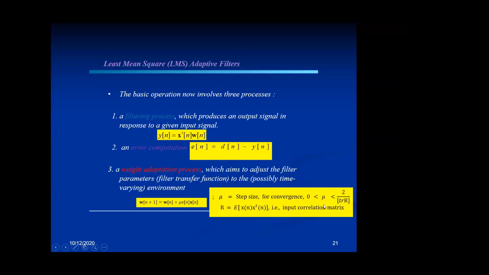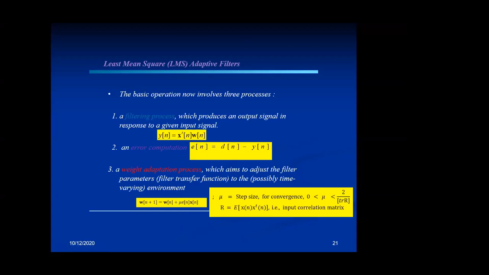So this filter will converge if I choose the value of mu between the range 0 to 2 by trace R, where R is the covariance matrix of x of n and x transpose. x of n is the input signal vector. So if I take the covariance of this one, we'll get a matrix.